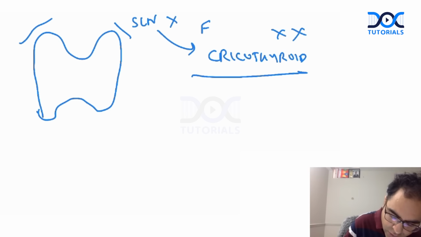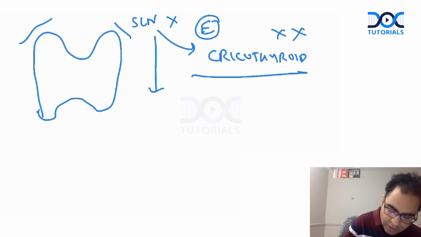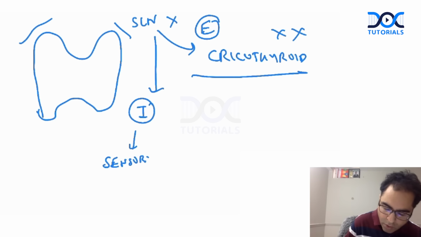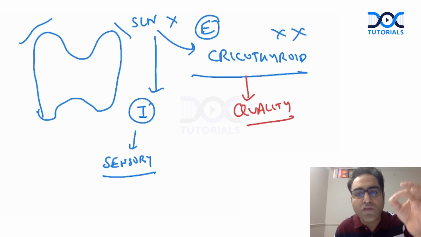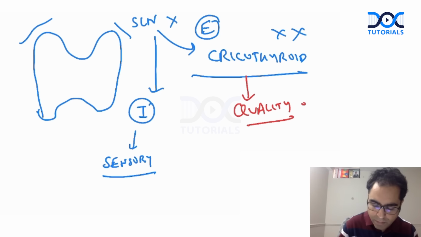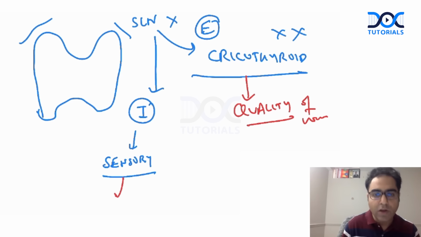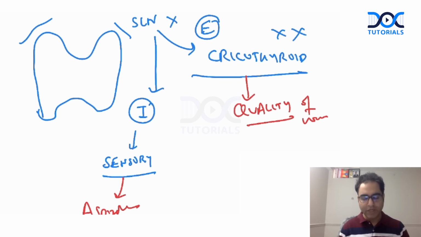External branch gives cricothyroid supply and internal branch gives sensory supply to supraglottis. So there will be two problems with the patient. Problem number one will be poor quality of the voice, because the cricothyroid is the main tensor of vocal cord, and tensor determines the quality of the voice. Quality of voice will be poor in this patient, and sensory loss will lead to an aspiration issue in the patient.